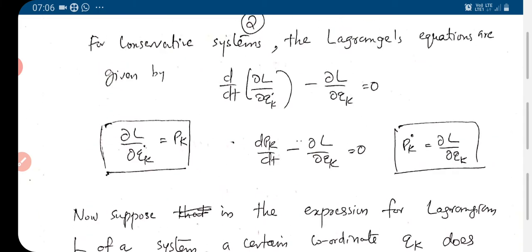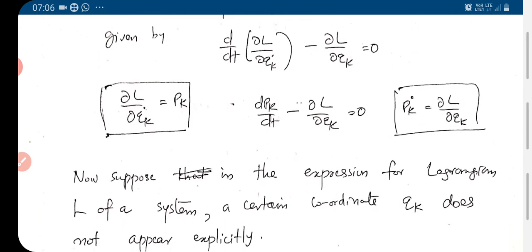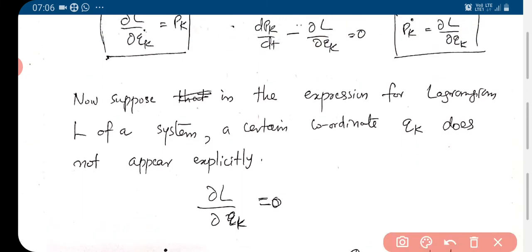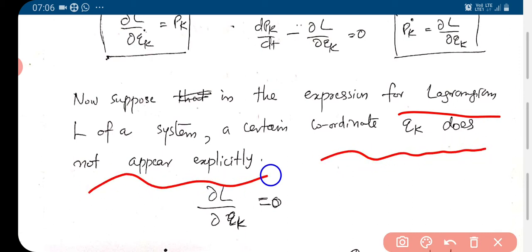Right, ∂L/∂q̇k is pk, and ∂L/∂qk is ṗk, from Lagrange's equation. Now suppose that in the expression for the Lagrangian, a certain coordinate qk does not appear explicitly.